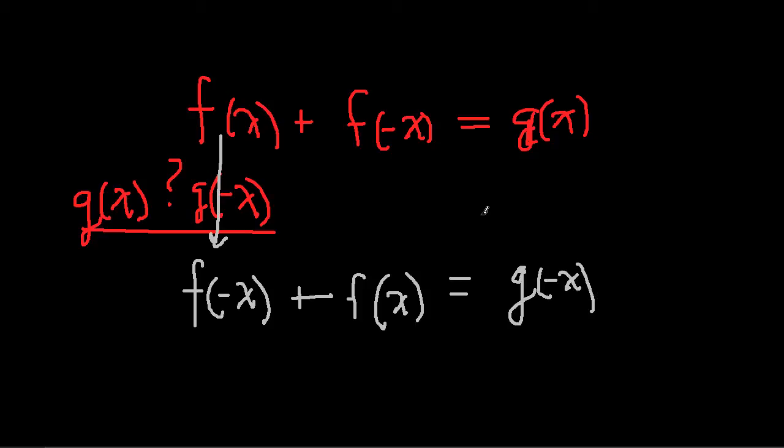So if I take this expression and replace x by negative x, I have f of negative x plus f of positive x equals g of negative x. However, this is exactly the same thing as g of x, which was our definition. So we have that g of x is equal to g of negative x.